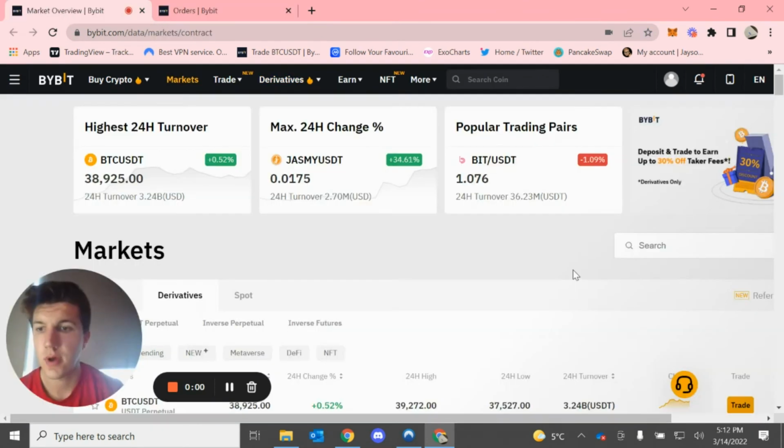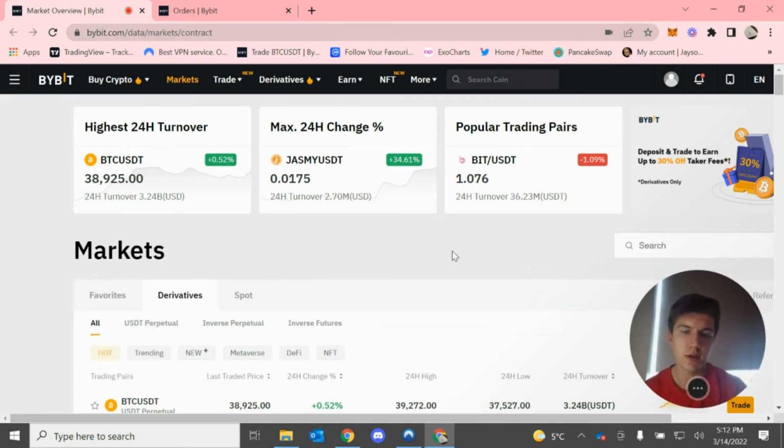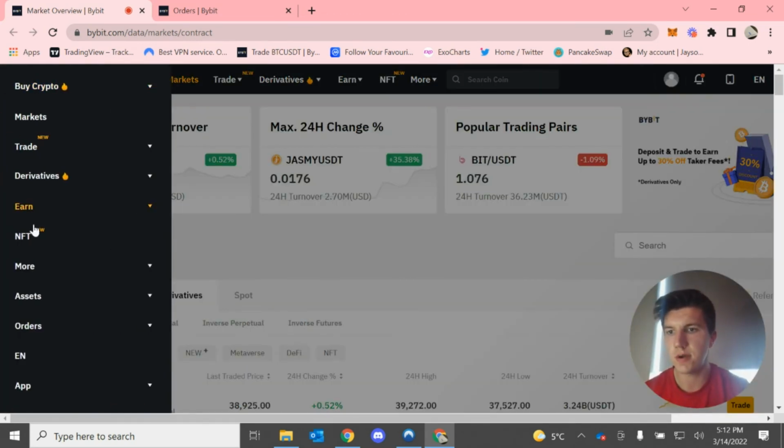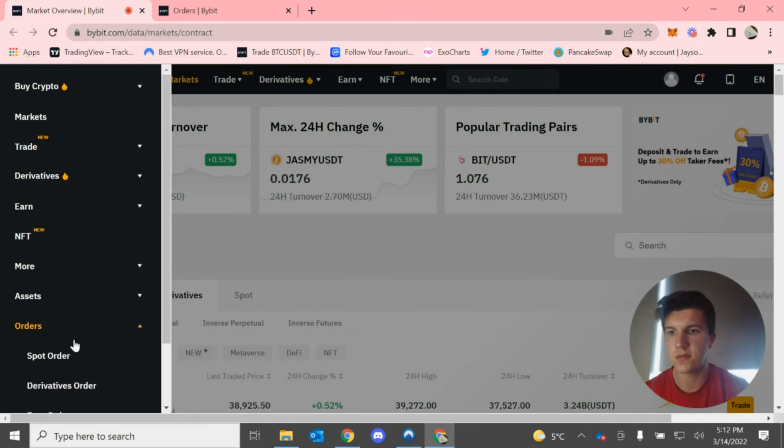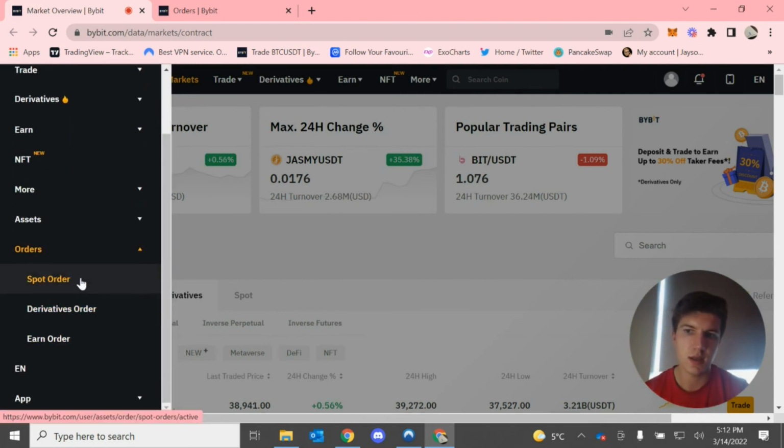So I'm going to go back to the homepage on Bybit, and then next we're going to kind of look at our P&L losses or order history. This might be useful if you want to check over trades and kind of see the history, order price and whatnot. So you're going to go to the sidebar up here, and you're going to go to orders. Then you can hit on any derivatives order or spot order.